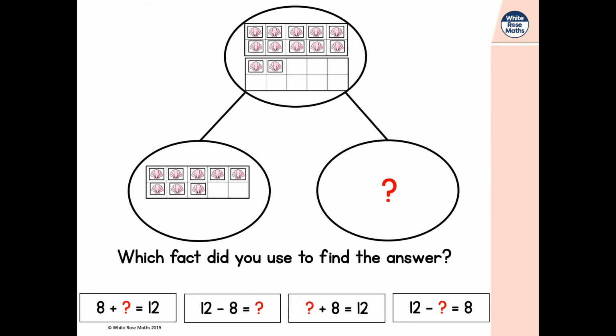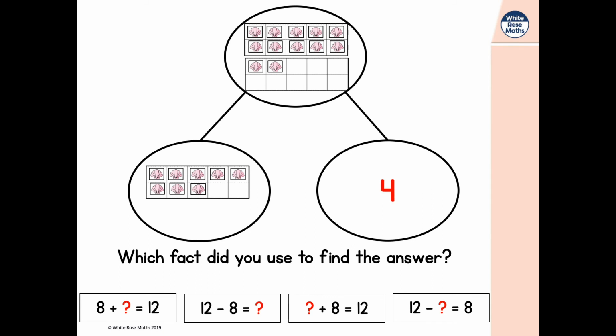So which one of these facts would you use to find the answer? You could use any of them. I might use 12 subtract 8 to find my answer. But you can use whichever one you want. So the answer to that missing amount, did you come up with it?